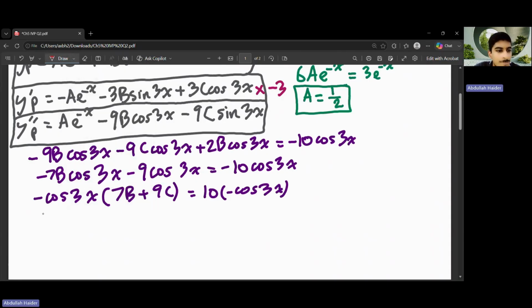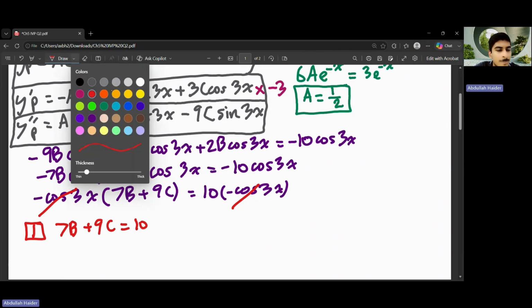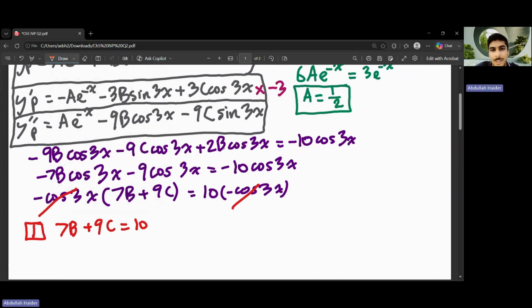You can cancel the cosine. So you're left with your first linear equation, 7b plus 9c is equal to 10. This is your first linear system of equations. So we're done with the cosine, and now we have to equate our sines.